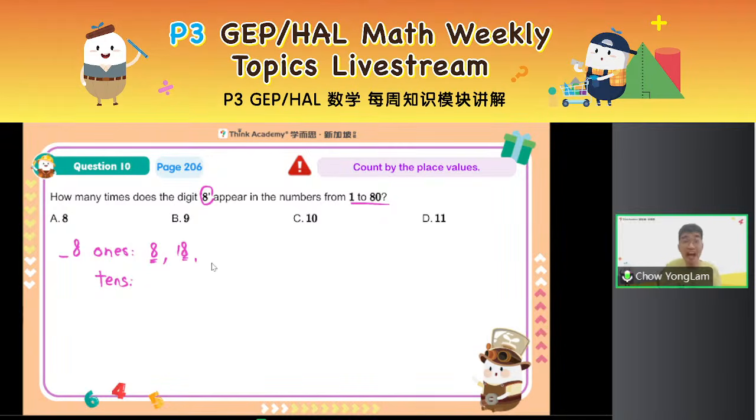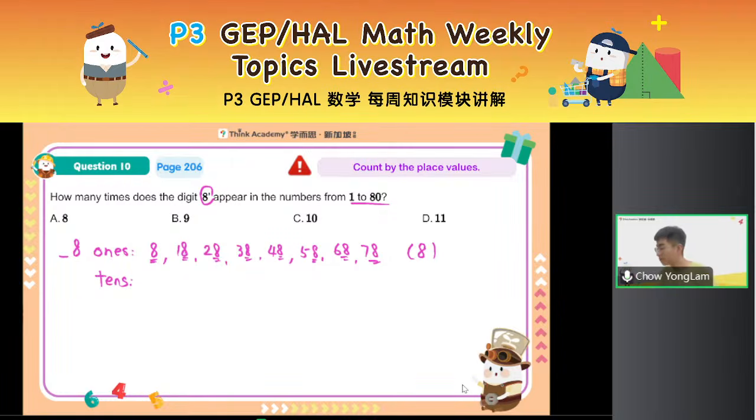List out every time you found a new number: 28, 38, 48, 58. Take note of the range. I need to stop at 80. 68, 78. Okay, do I need to include 88? The answer is no, because I only stop at 80. So I don't need to include 88. So in total, 8 appears 8 times at the ones.